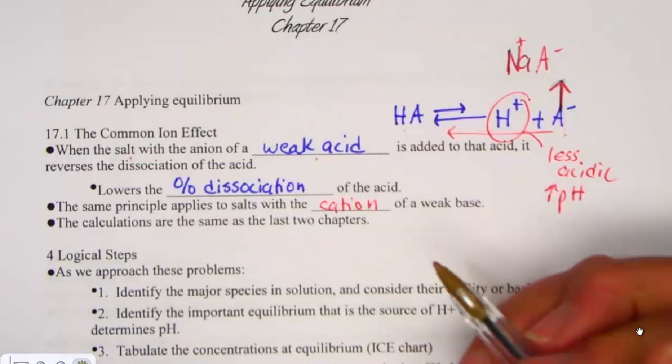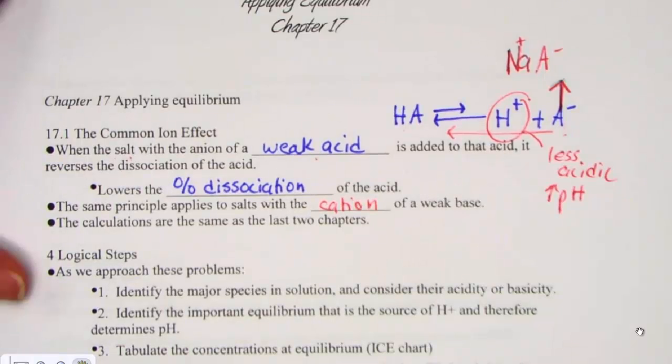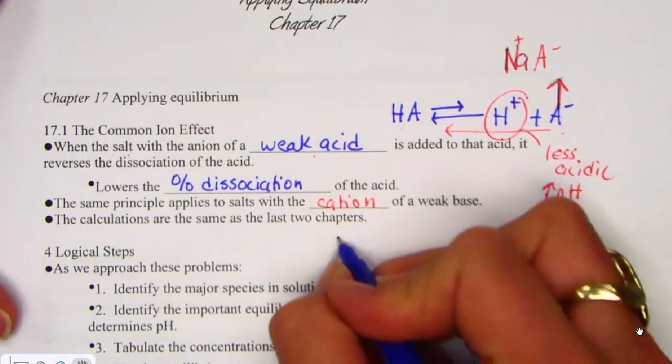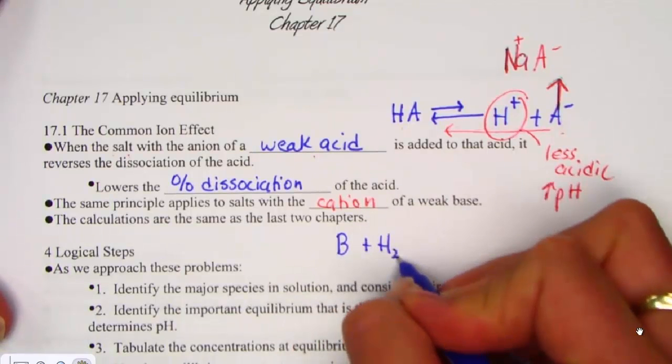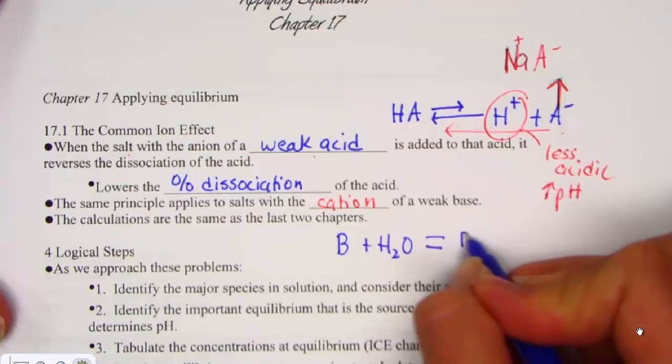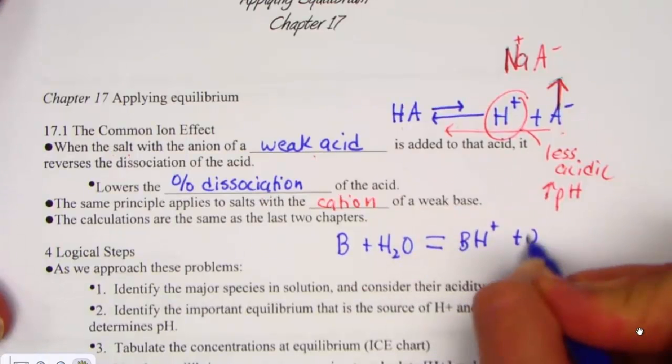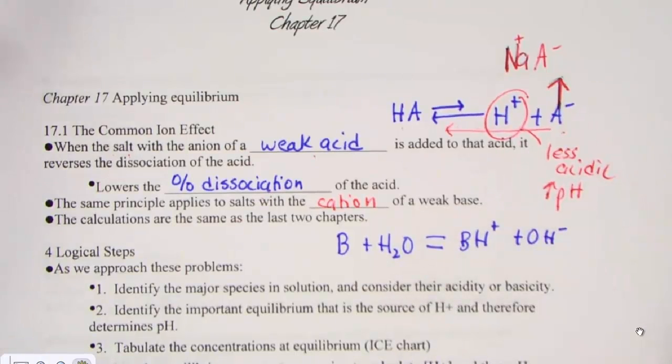You know, that same principle applies to salts with a cation in common with a base. Now let's just use some generic chemistry here. Suppose we have a base, and we'll just let that be represented by B, and we place that into a water solution. We set up an equilibrium where conjugate pairs are forming. This would be Kb chemistry, simply because we're producing a hydroxide ion. It's telling us, what if we put in a salt who has the same first name as the base?